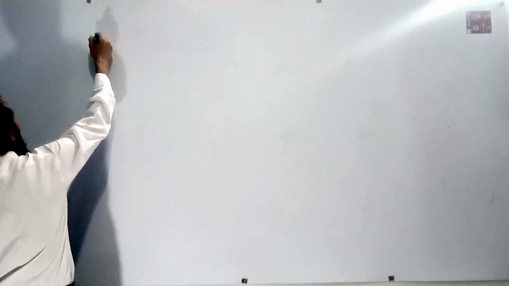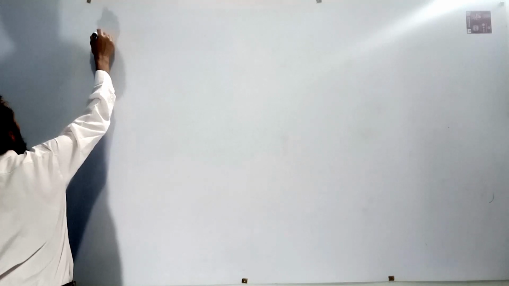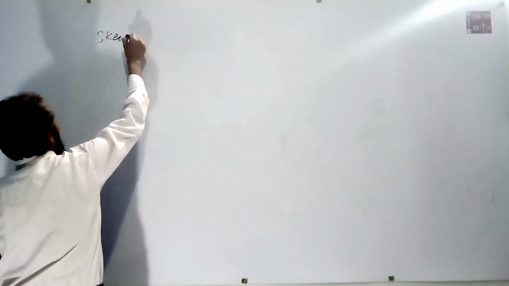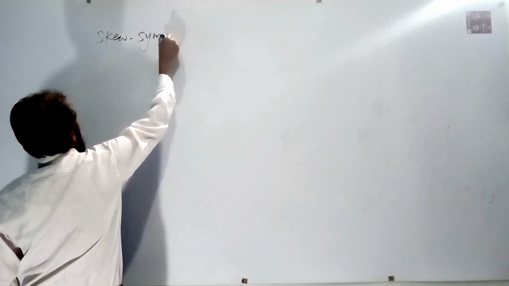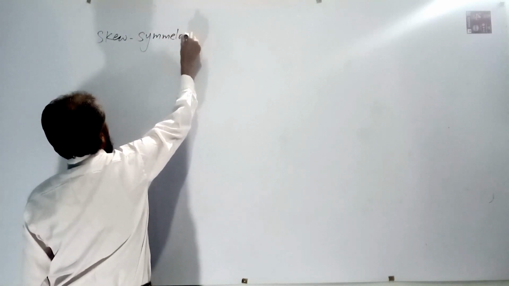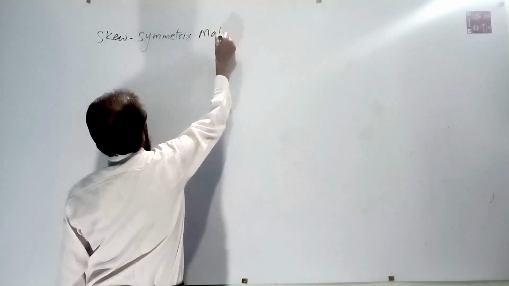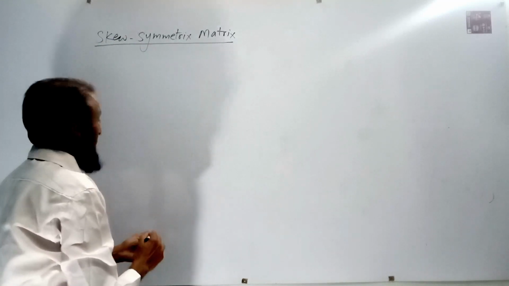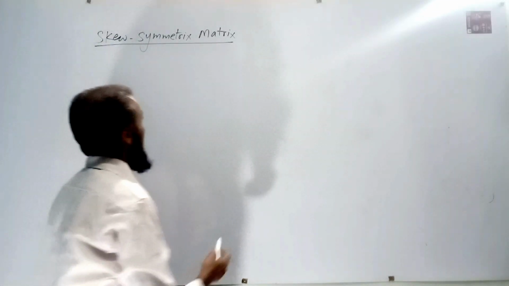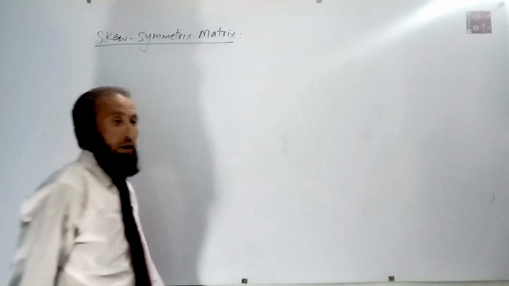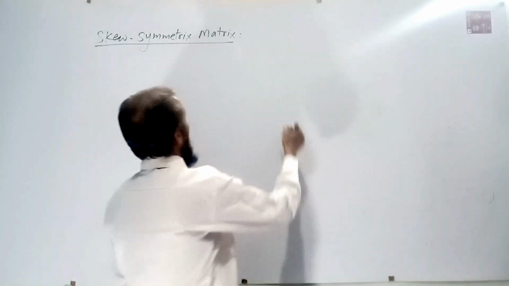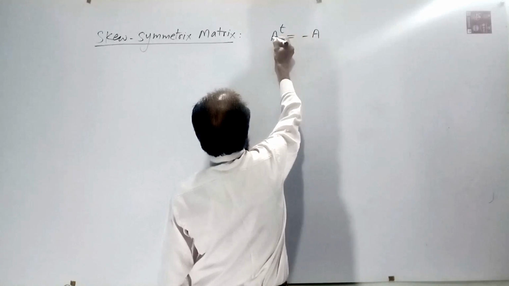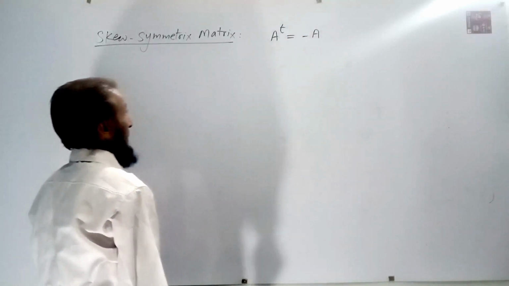And also the transpose of a matrix and skew-symmetric matrix. We have already discussed some of the topics. Skew-symmetric matrix: if A is any square matrix, then A transpose is equal to minus A, so that will be called a skew-symmetric matrix.